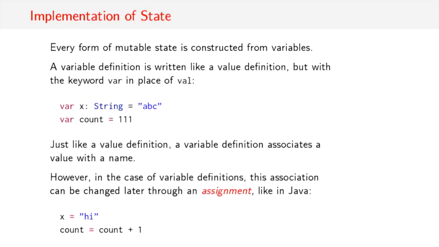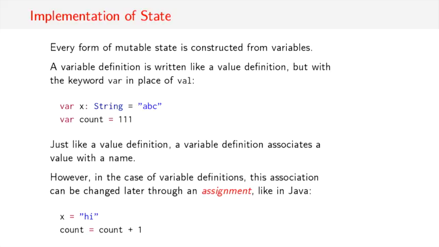In practice, every form of mutable state is constructed from some variables. A variable definition in Scala is written like a value definition, but with the keyword var in place of val. So you would write var x: String = "abc", and that would give you a variable x of type String with initial value abc.